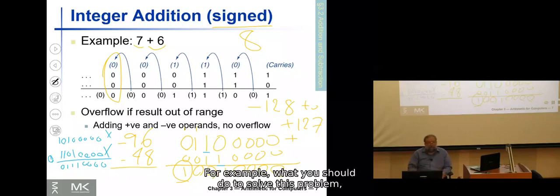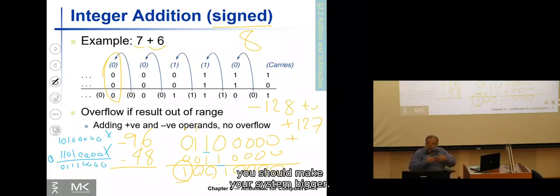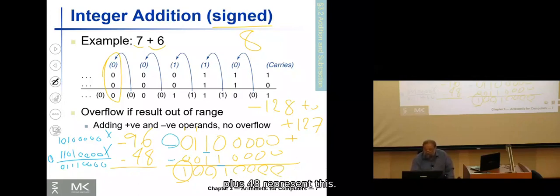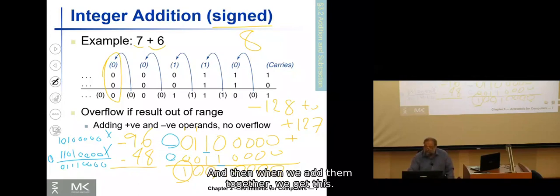To solve this problem, you should make your system bigger. You started with 8 bits, so start with 16 bits, or start with 9 bits at least. If we use 9 bits, then plus 96 would represent this, plus 48 represents this, and when we add them together, we get this.